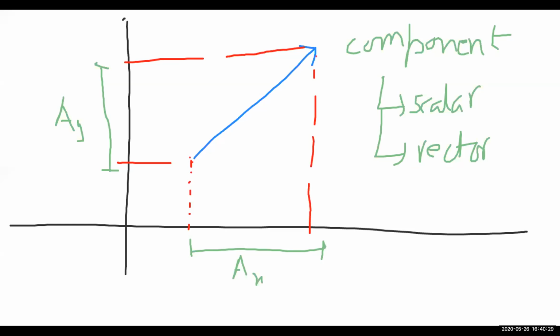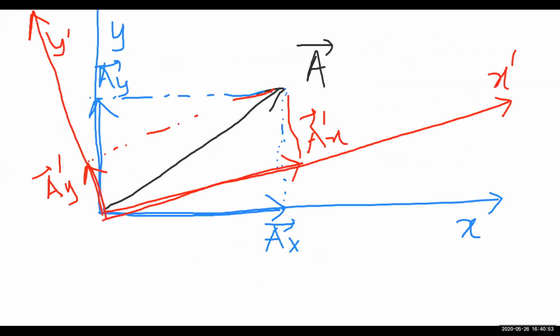But when we add up two vectors, as you will see later on, and when we express a vector in i cap j cap form, then the vector component will be the vector along the axis, right? This is a vector component.